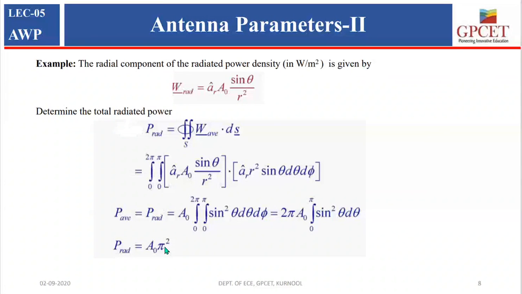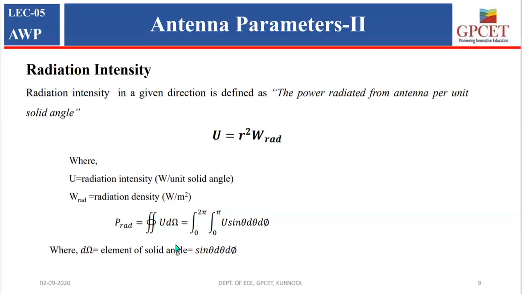from the radiation power density and radiation intensity, what we understand is the radiation power density will give the power at a point due to the time varying electric and magnetic fields in plane angle, whereas the radiation intensity will give you the power due to the time varying electric and magnetic fields in solid angles.